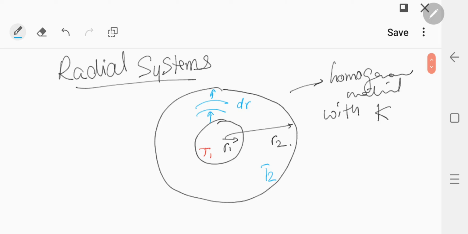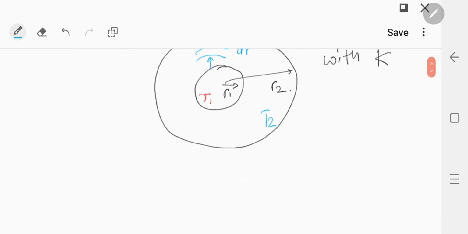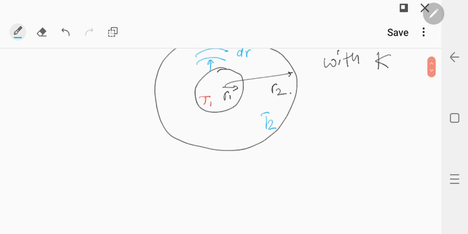Again, just like momentum balance, we'll study the heat transfer in the radial direction, and the heat transfer in the circumferential direction and the z direction. Clear? Over here we're just considering a simple radial direction, that is the heat is flowing from the inner wall towards the outer wall.